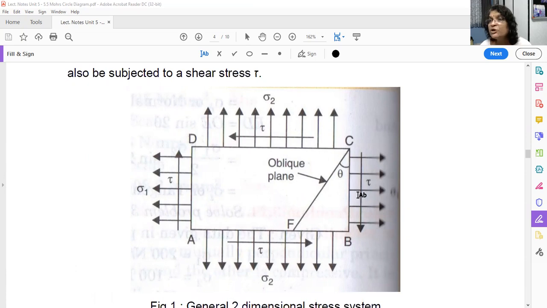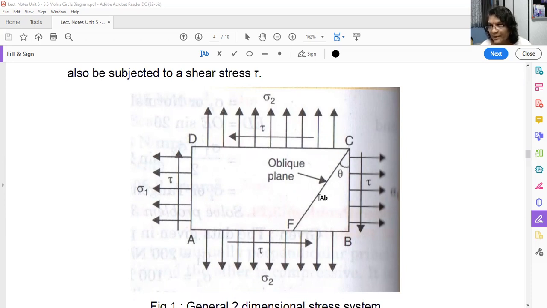This is a general two-dimensional stress system. That means sigma 1 is acting along the x-axis, sigma 2 is acting along the y-axis, and there are shear stresses acting on all four faces. So it is a biaxial stress condition along with shear stress. Now, how do we determine the stresses along this face FC, which makes an angle theta with the plane BC?